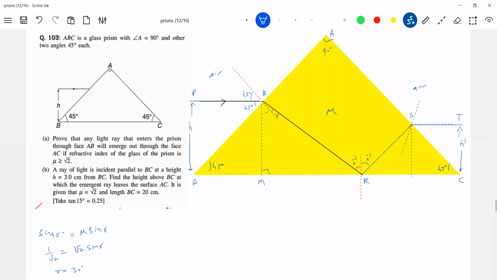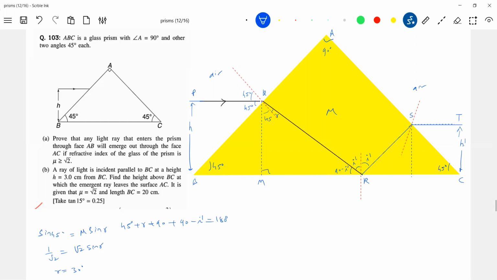I'm trying to get the value of I dash. This should be 90 minus I dash. Let's write one equation: 45 degrees plus R plus 90 minus I dash should be equal to 180 degrees altogether.